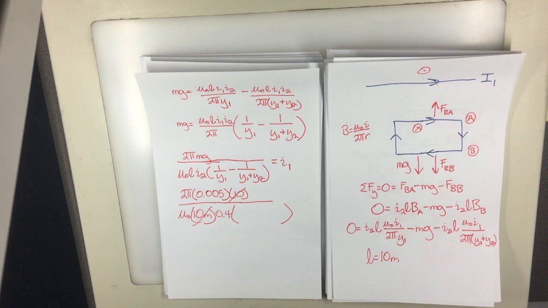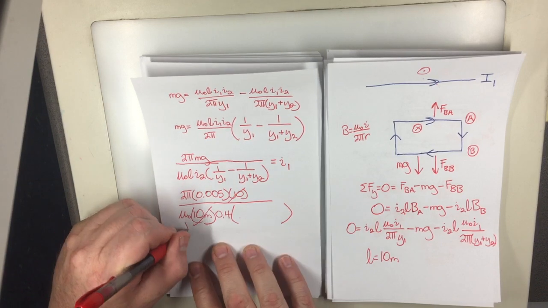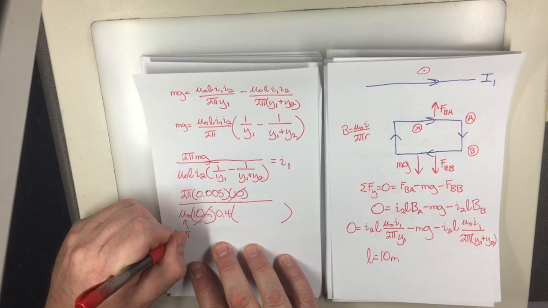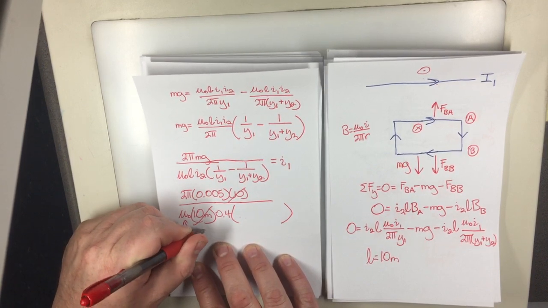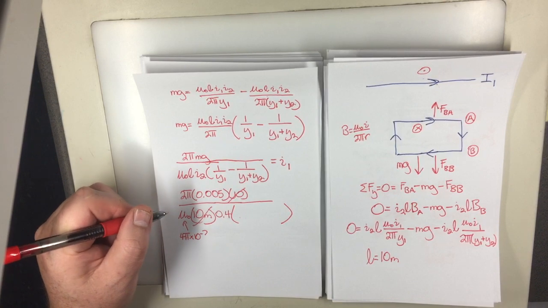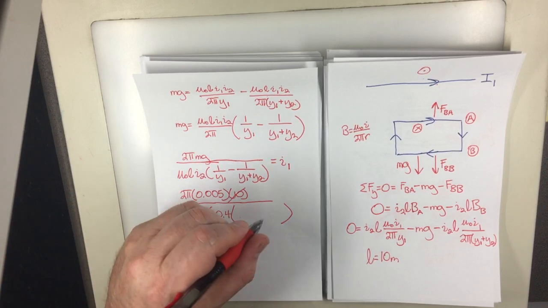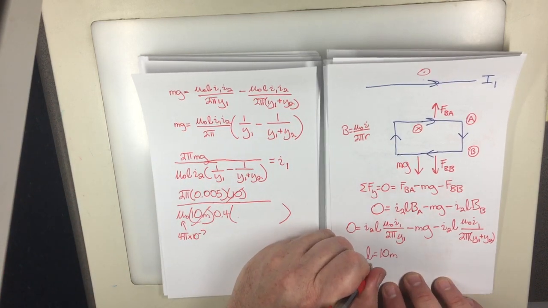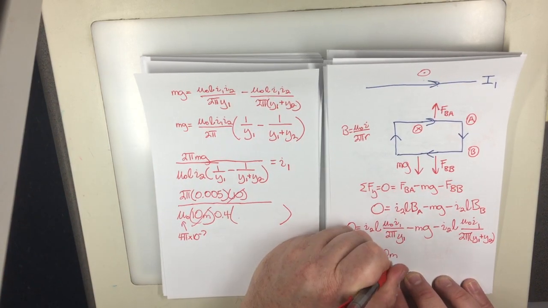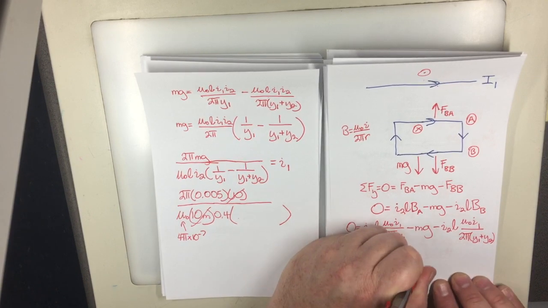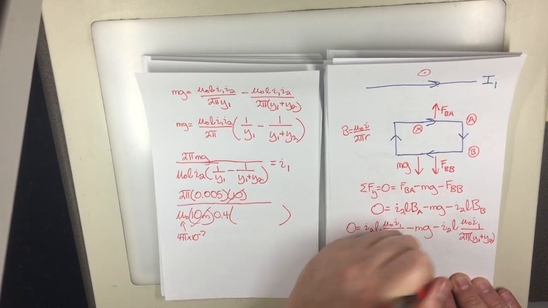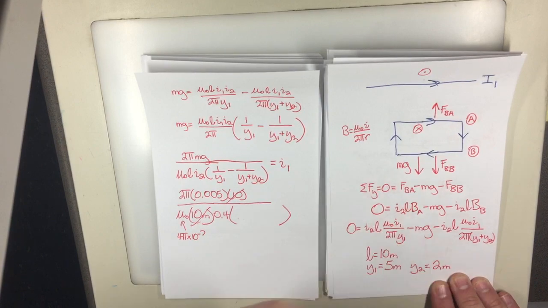If I had a spreadsheet, I'd really be able to do this well. Oh, and mu naught is 4 pi times 10 to the negative 7. I'm gonna have to get a big number. Let's do y1 is equal to 5 meters and y2 is equal to 2 meters.